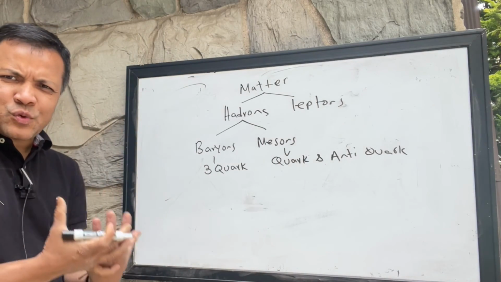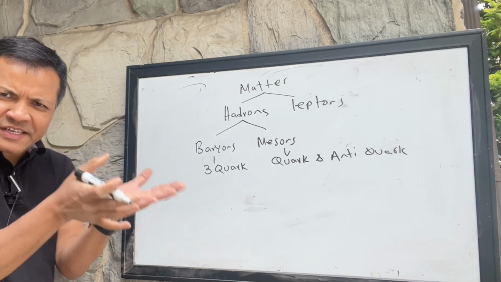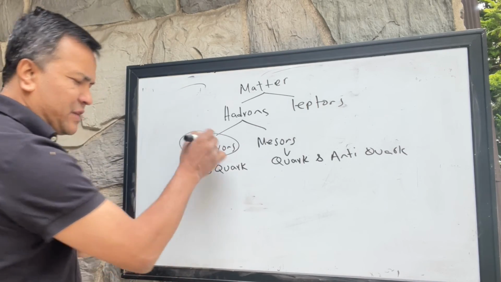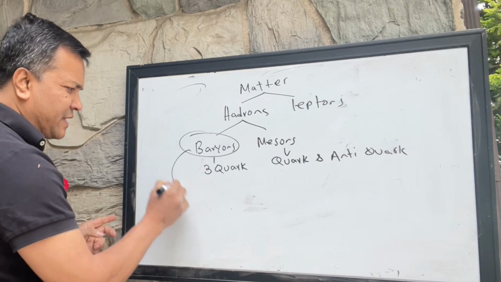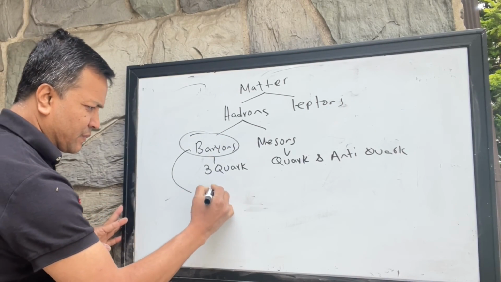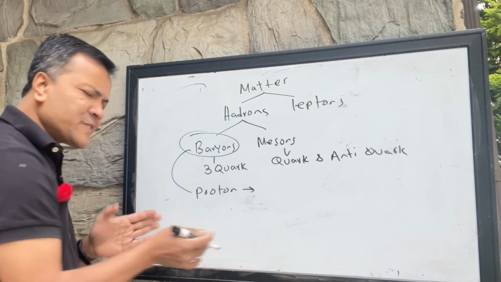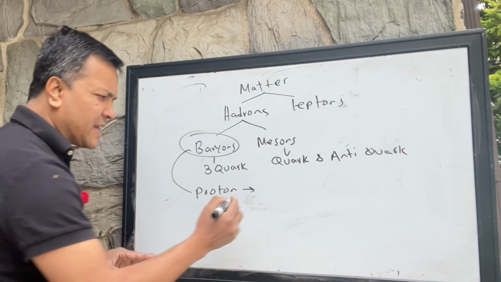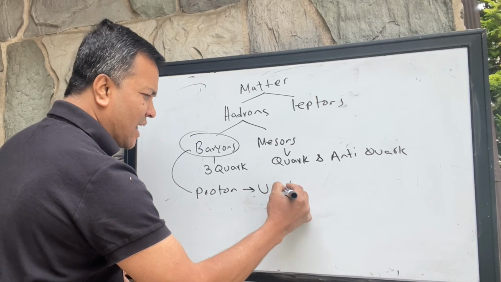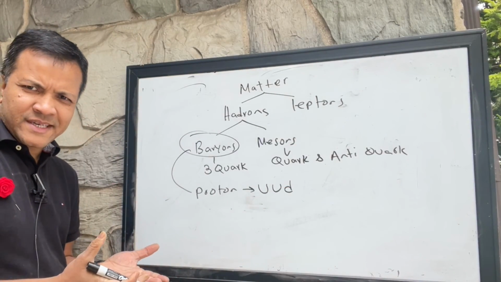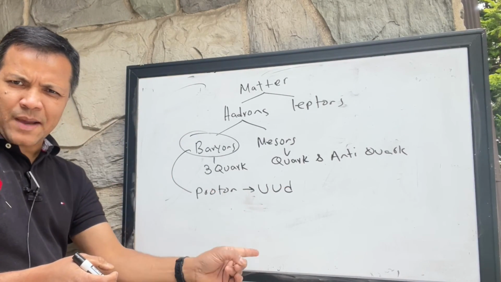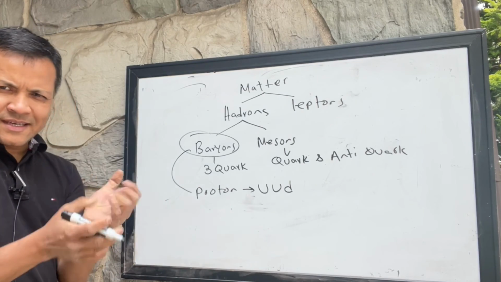Okay, so let's say proton. Who is the granddaddy of proton? Baryons. Barry is the granddaddy of proton. What do you see in the proton? 3 quarks. The first quark is up, the second quark is up, the third quark is down. Prove that.